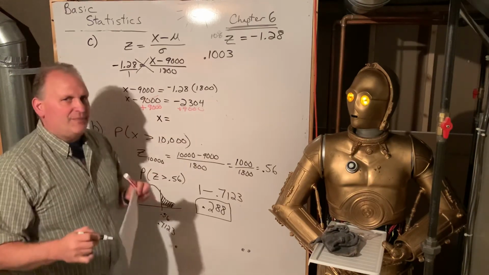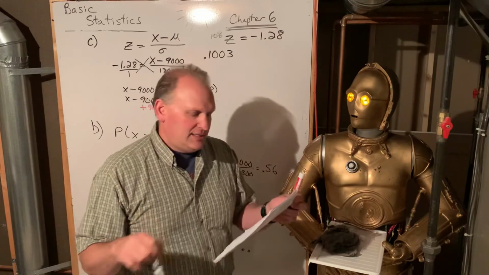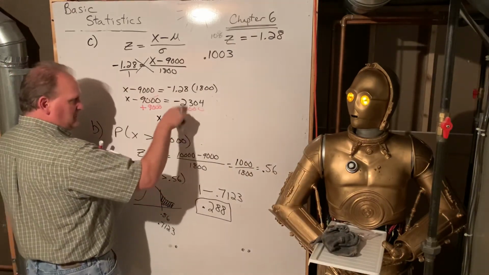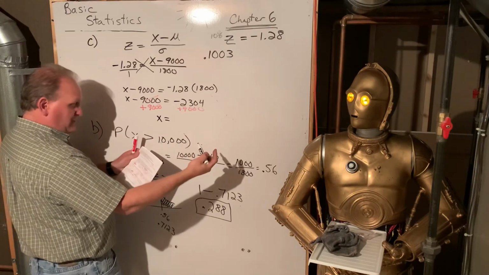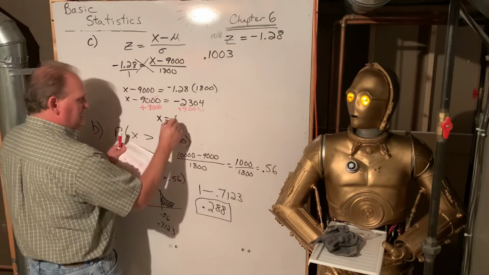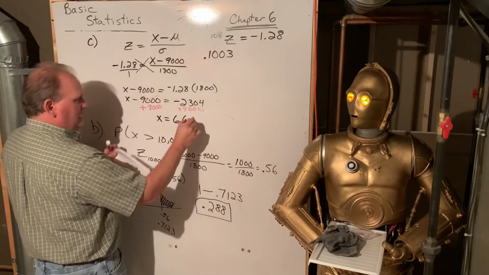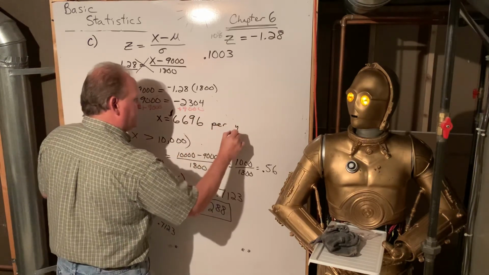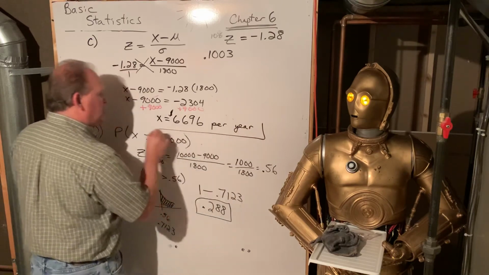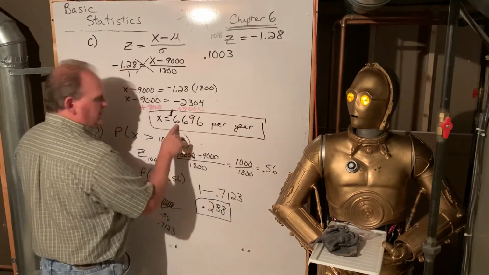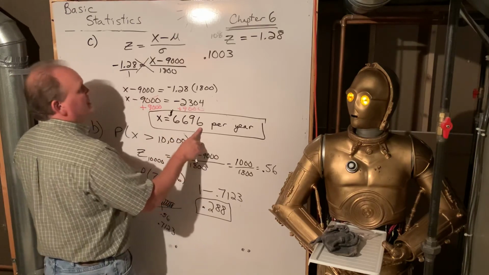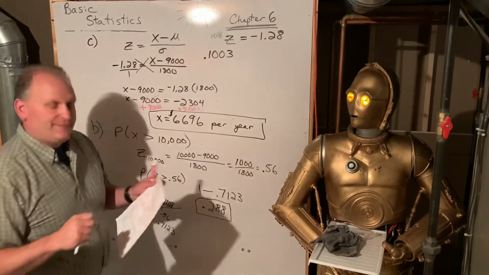There's not a daycare out there that pays you $11,000 to take your kid. All right, so you add 9,000 to both sides, that actually ends up being the difference of those two. And so that's $6,696 per unit. And that would put you, so if you're charging less than $6,696, you're in the bottom 10%.